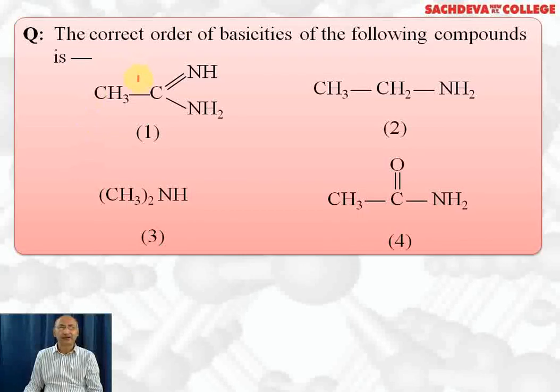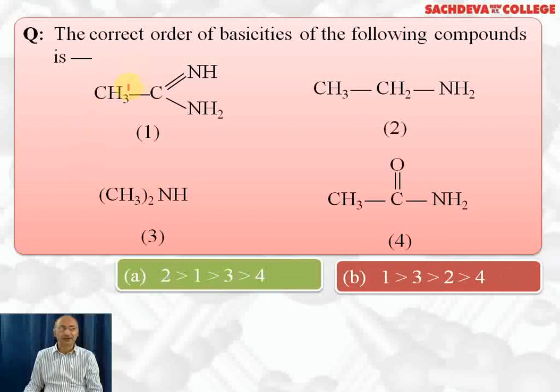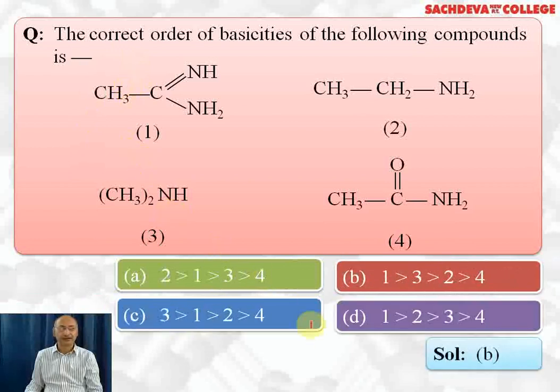The correct order of the basicity of the following compounds is, we have got various options. Here the correct answer is B part. Why B part? The first one is most basic because there are 2 nitrogens which have lone pairs of electrons, and we have an electron releasing group also, which will increase electron density on nitrogen.